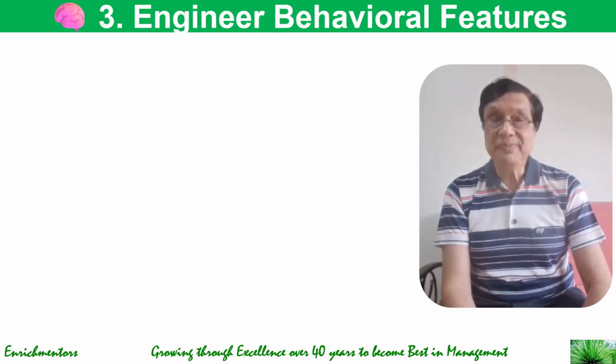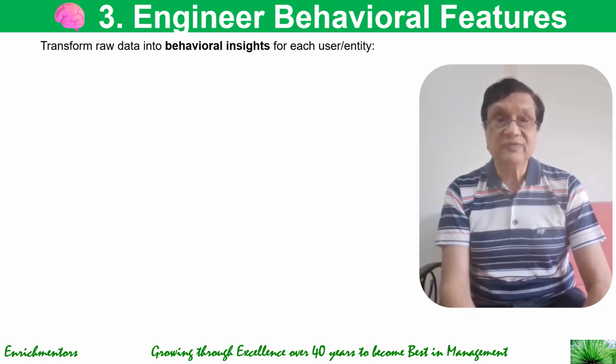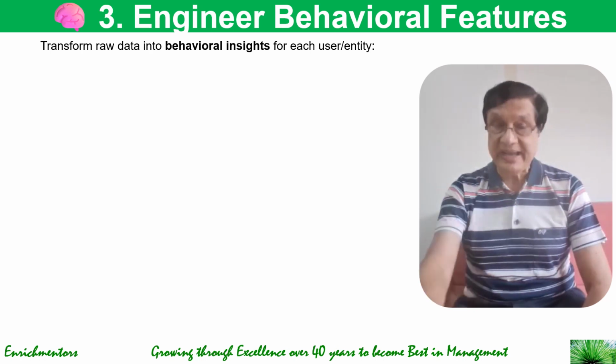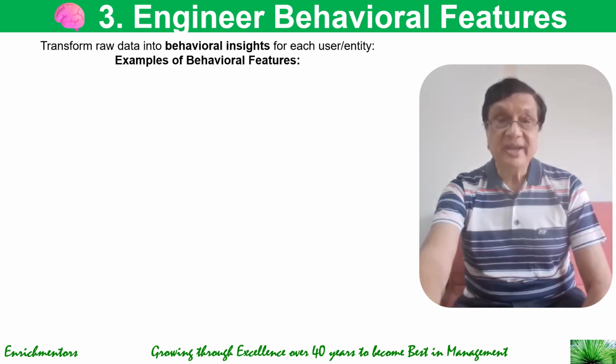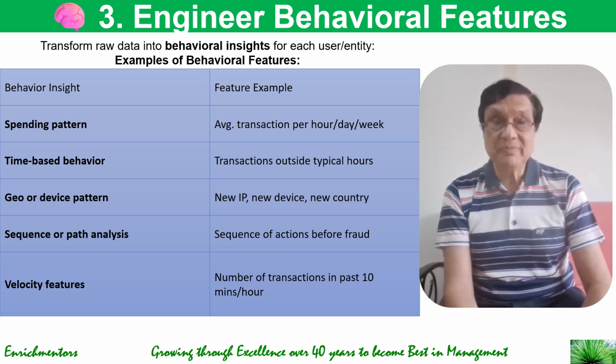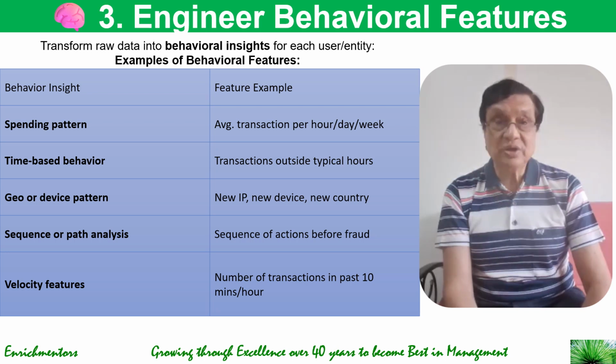So that's what you need to do in gathering and structuring the historical data. Then you engineer behavioral features, right? There, you transform raw data into behavioral insights for each user and each entity. For example, if your behavioral insight is spending pattern, your feature might include average transactions per hour, per day, per week. For time-based behavior, your feature might be transactions outside typical hours.